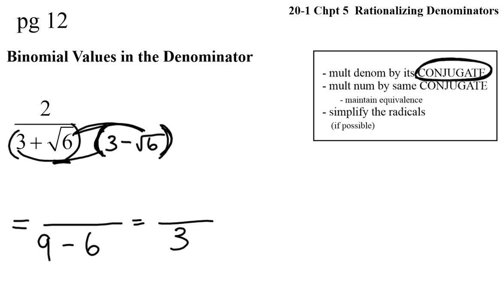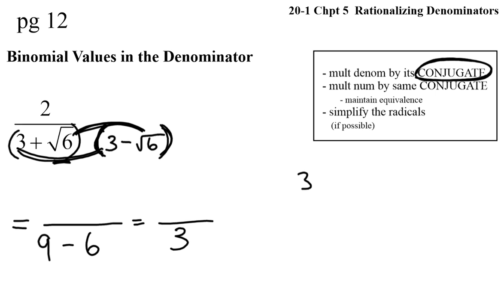Our new denominator becomes a 3. There's the shortcut when you're multiplying a conjugate. First one square, second one square, and you just have to subtract those afterwards. You get the squared values and you subtract them.